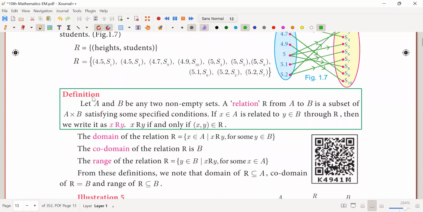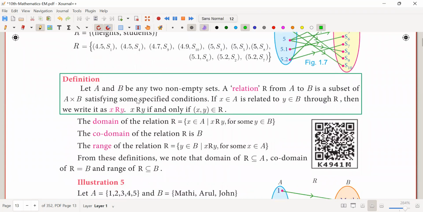So by definition, let A and B be any two non-empty sets. A relation R from A to B is a subset of A cross B, satisfying some specified condition. Some specified condition it should satisfy.